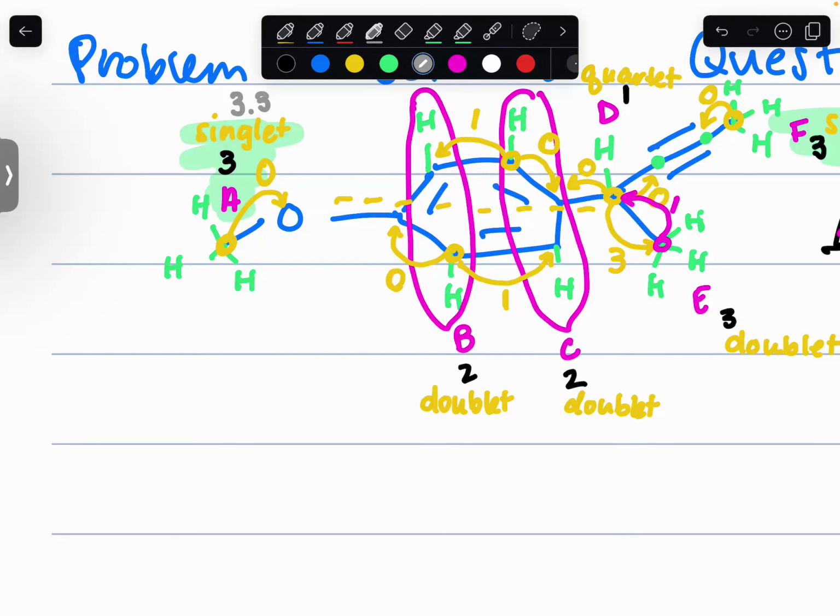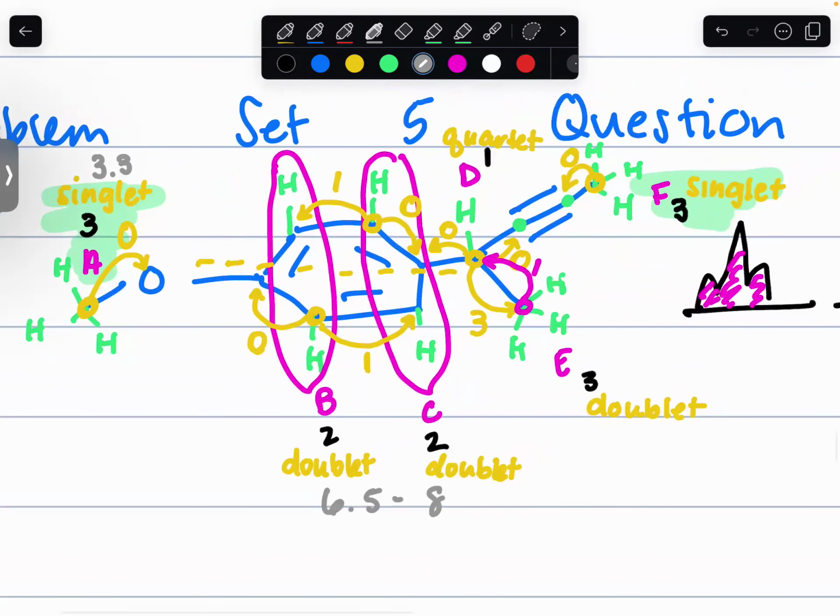Our aromatics will come out between 6.5 and 8. In a carbon chain, it will be 1.55. I'm running out of space here. Methyl is about 0.85.